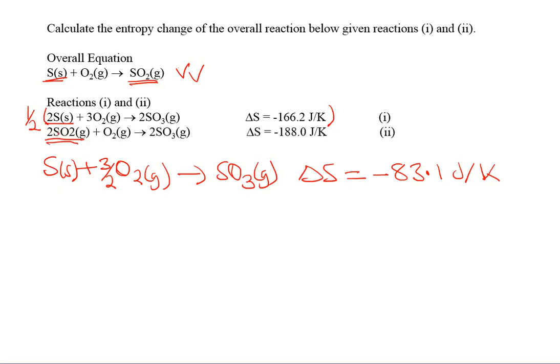Now, the sulfur dioxide here is a reactant, while the sulfur dioxide here is a product. Because of that, what I am going to do is to reverse this reaction and then divide it by 2. So first, I divide this reaction by 2, and then I'll reverse it.